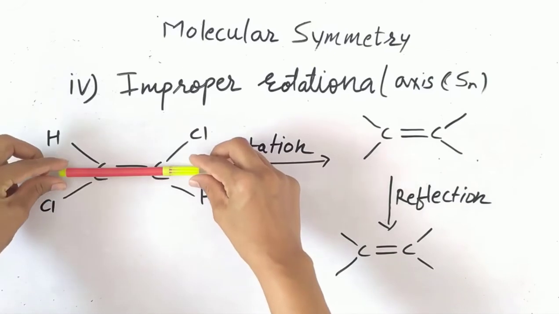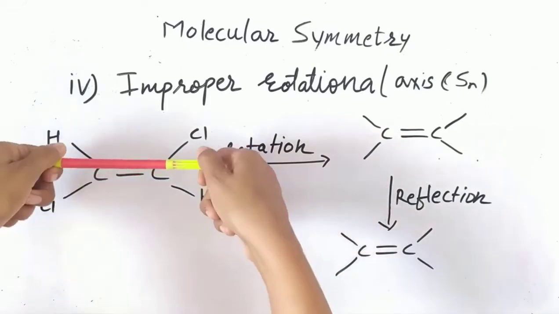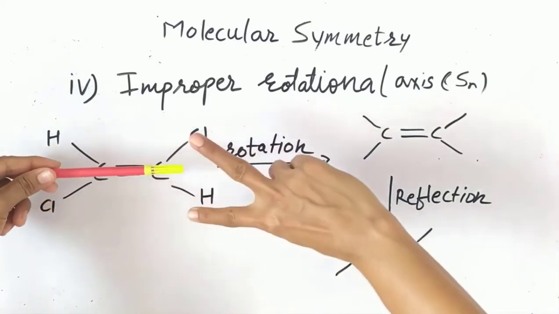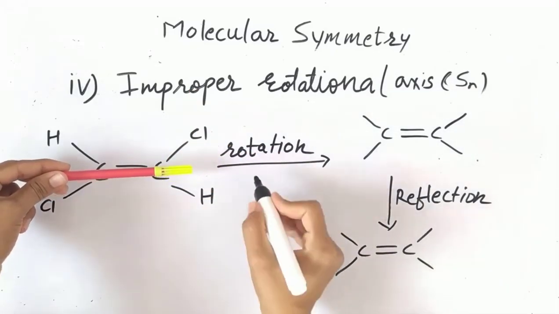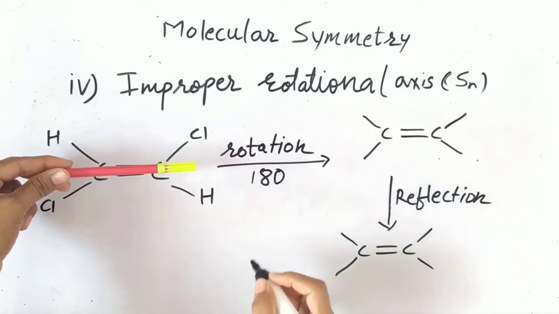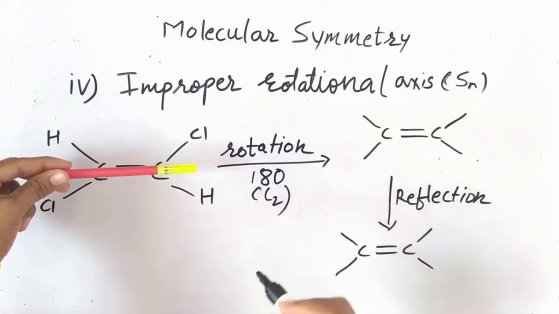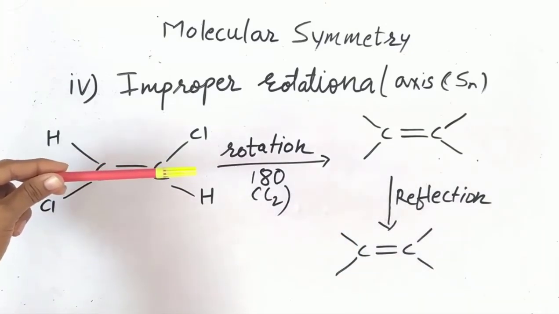How will you do the rotation? Like this. By what degree are you rotating the molecule? You are rotating the molecule by 180 degrees. Hence the fold of rotation is C2.